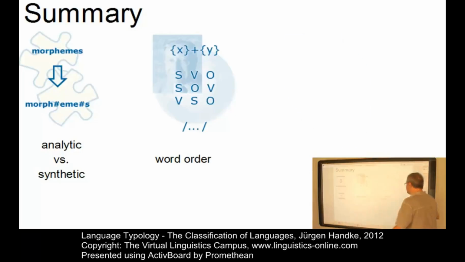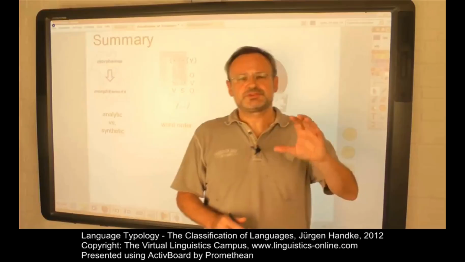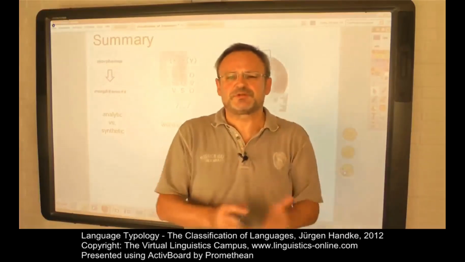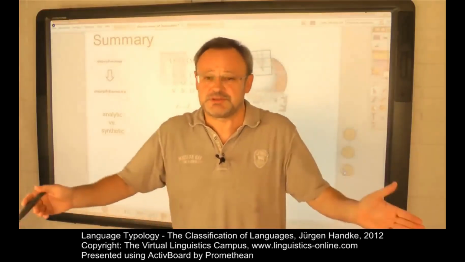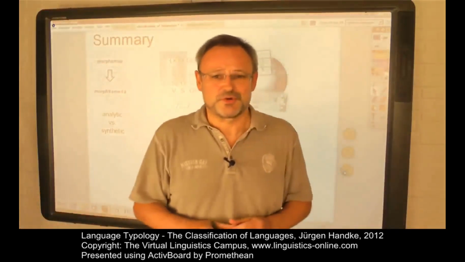In phonology, segmental as well as suprasegmental features, and here in particular tonal and rhythmical aspects, constitute the basis for a typological classification of the languages of the world. In addition to these central parameters, numerous specific parameters ranging from phonology to syntax and even beyond come in. But that's a different story.